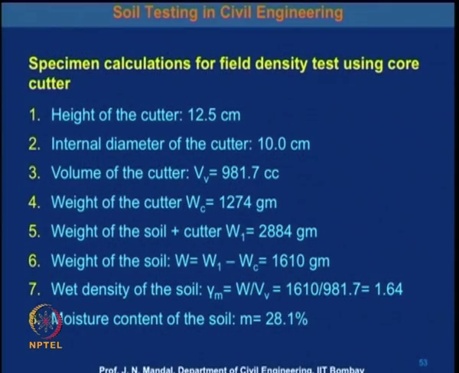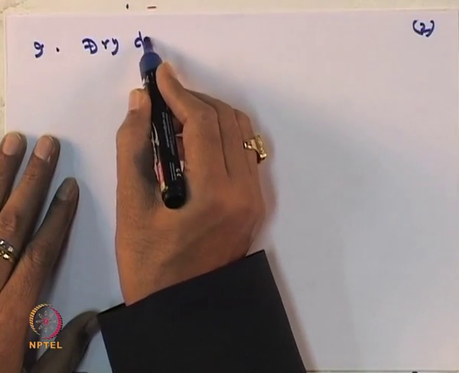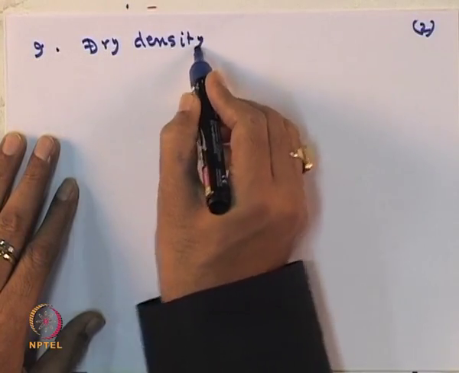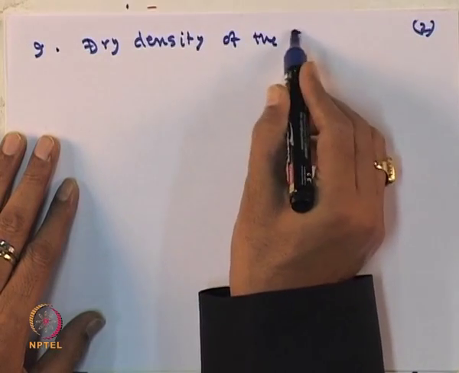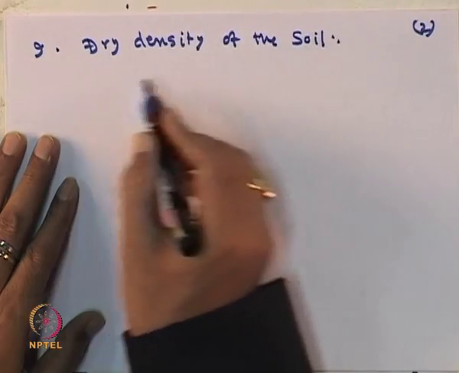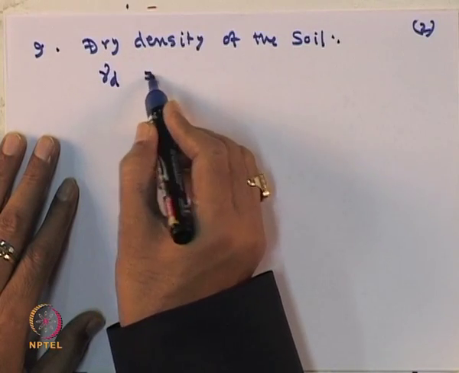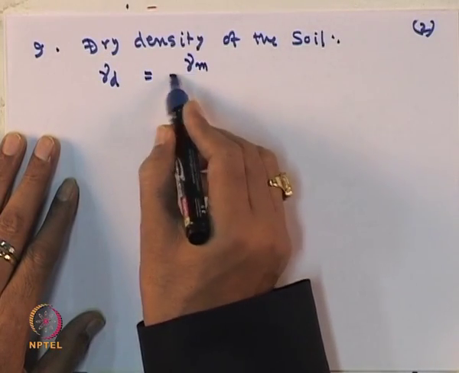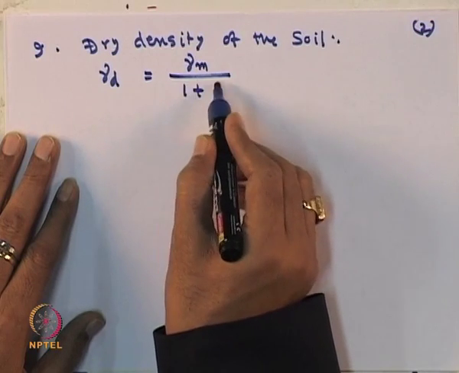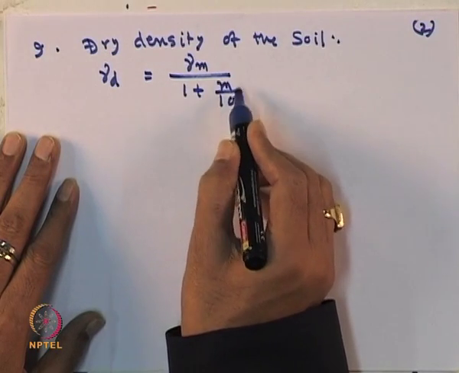Next, you can calculate the dry density of the soil. That means gamma D is equal to gamma M divided by 1 plus M divided by 100.